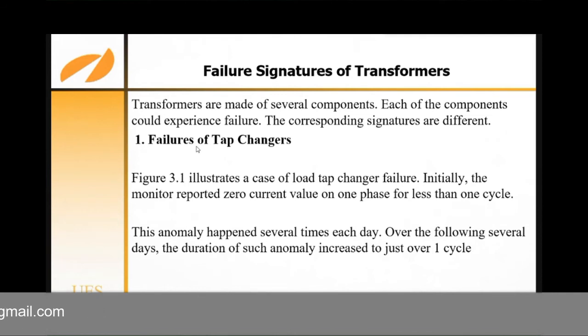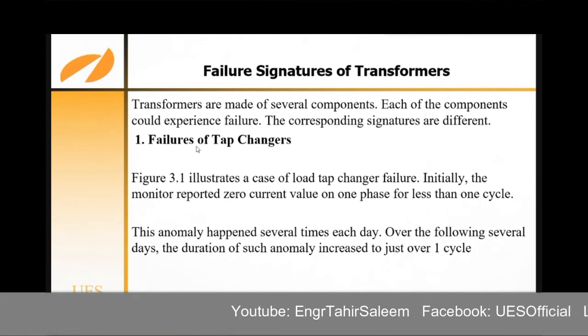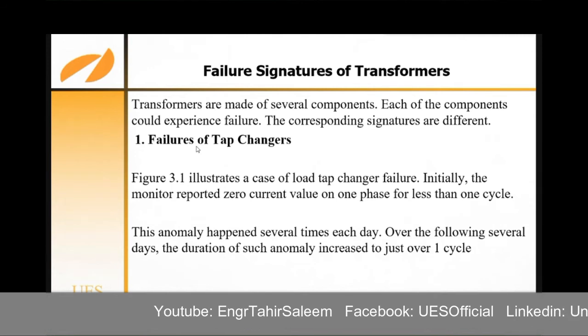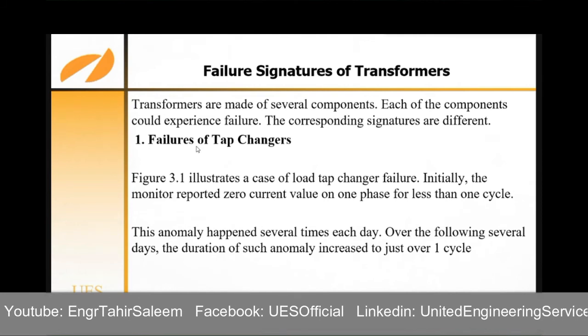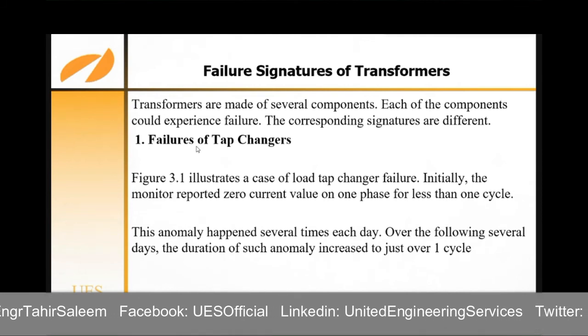We have taken only two components here, the tap changer of the transformer and the bushings. The other components will be discussed if we get a chance to deliver this webinar in an extended version, and we'll include those parts in that webinar.